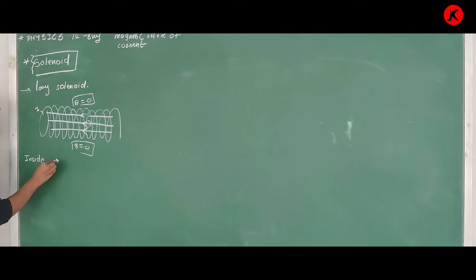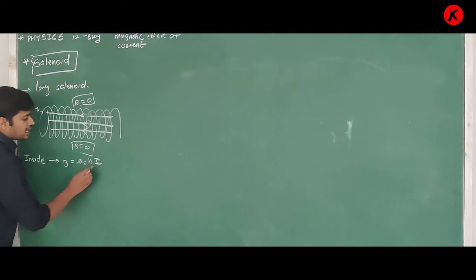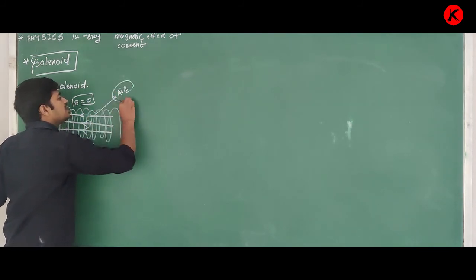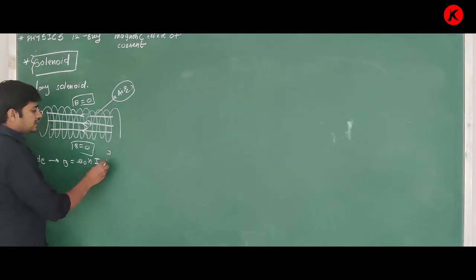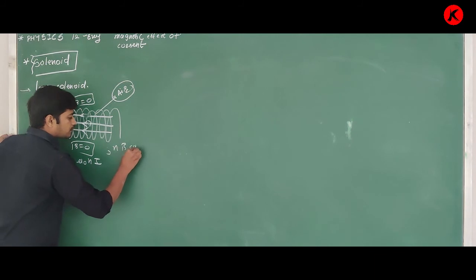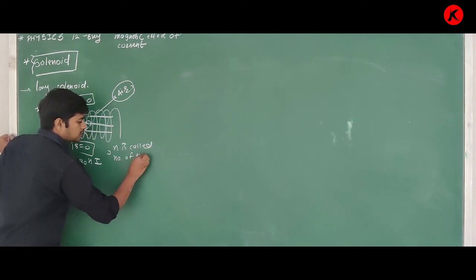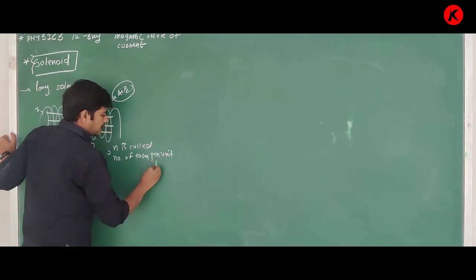So inside the solenoid, magnetic field B is equal to mu 0 n I. Why mu 0? Because we are assuming that inside the solenoid the medium is air or free space. And what is n? Small n is called the number of turns per unit length.